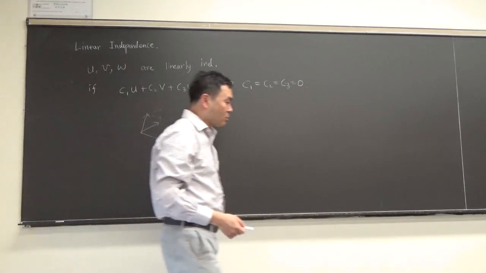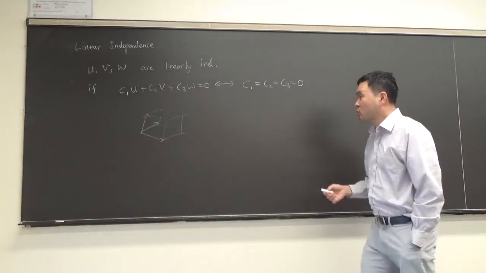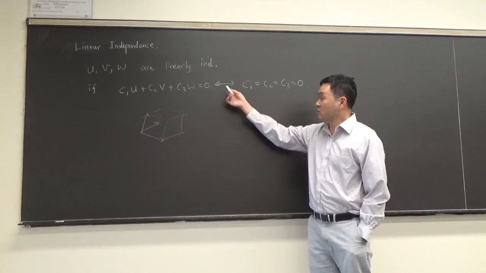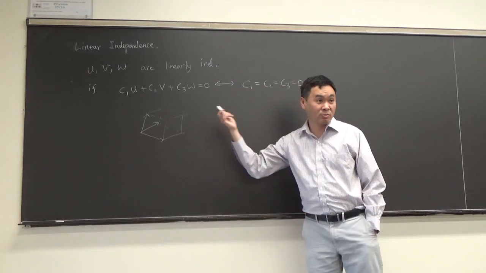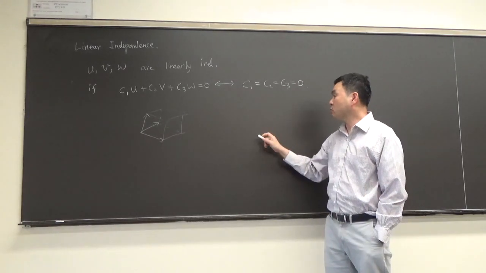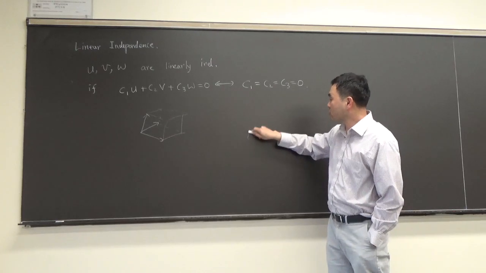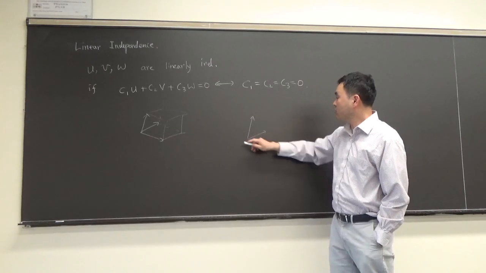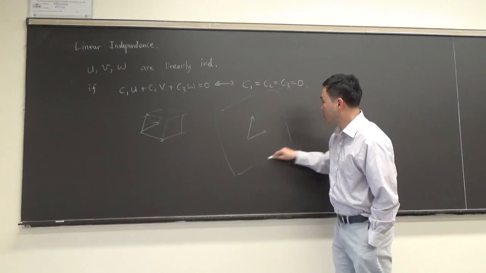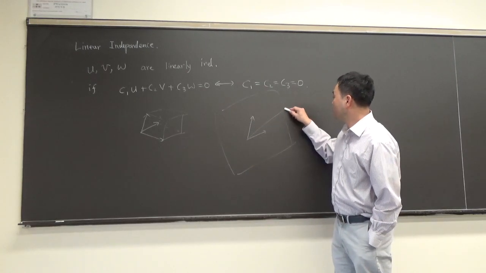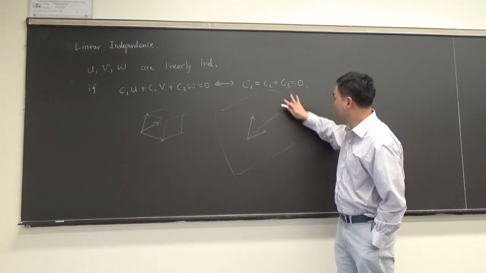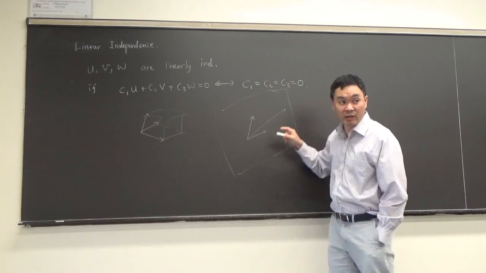So let's try to see why this means that the three vectors are pointing in different directions. That's because suppose you have two vectors here, and a third vector is also on the same plane, okay?